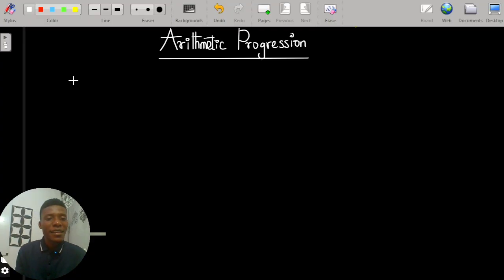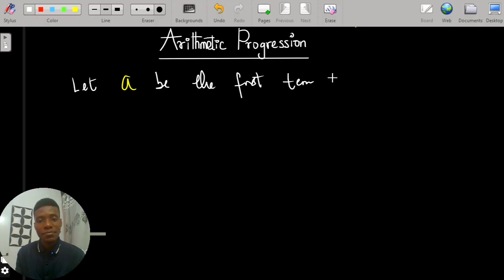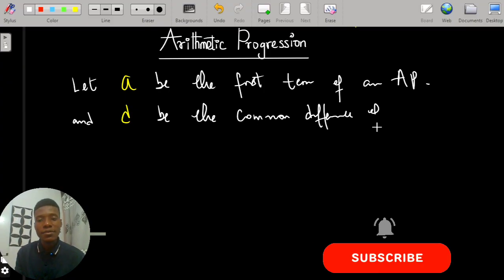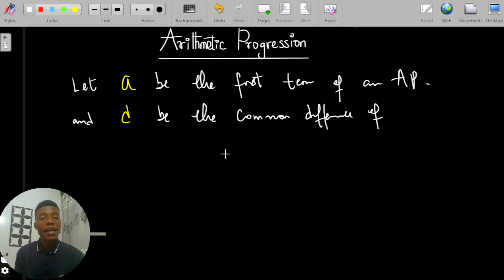Or generally, let letter A be the first term of an AP. And let D be the common difference of this same AP.